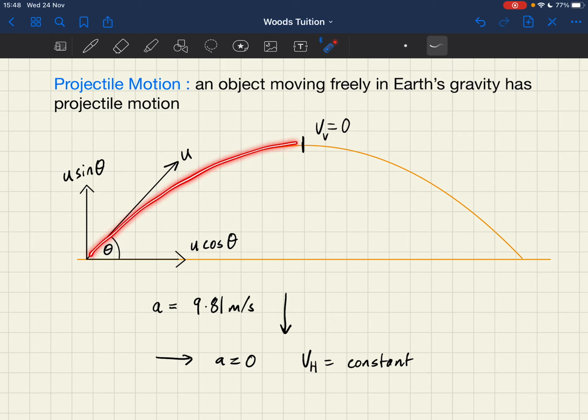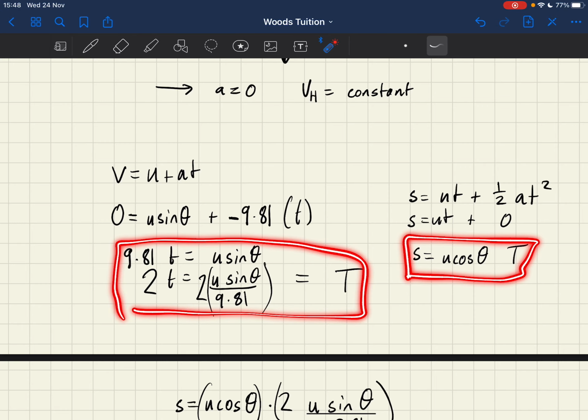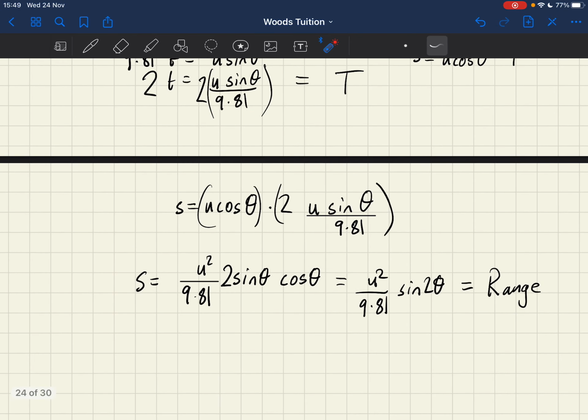Due to that, we have a constant horizontal velocity the whole way through, whereas the vertical velocity is changing. And due to that, we're able to do a lot of maths with our projectile motion, including finding the range, finding the total time, and also finding a general equation for the range.